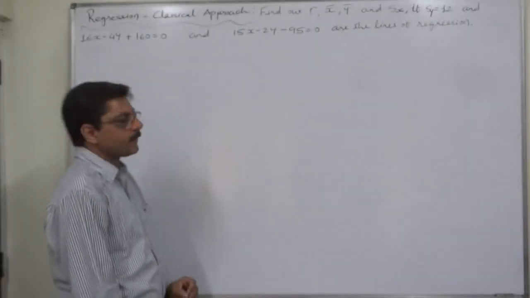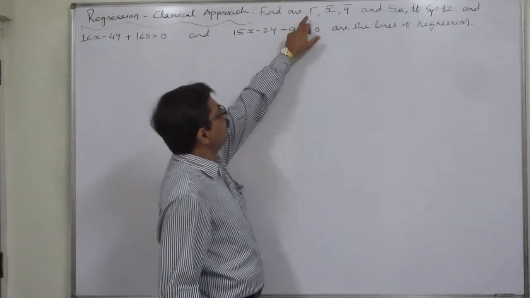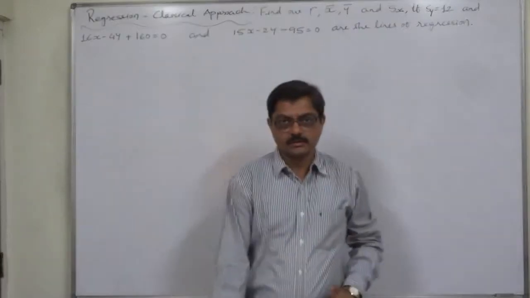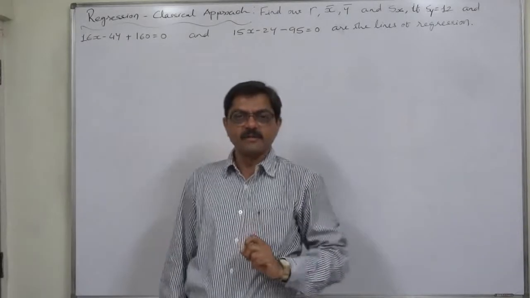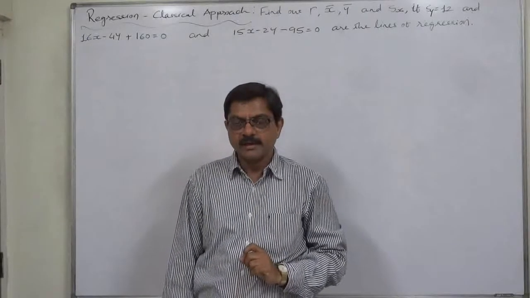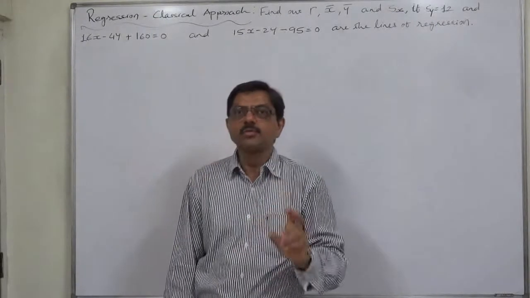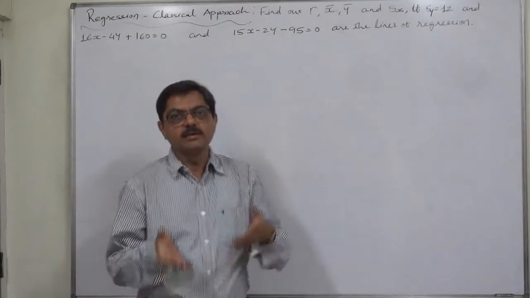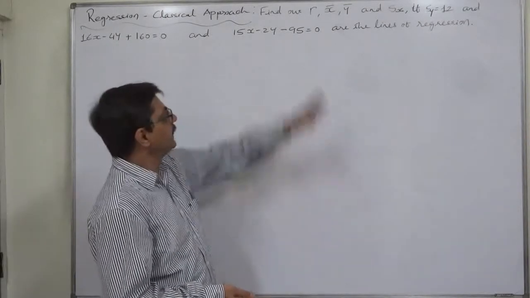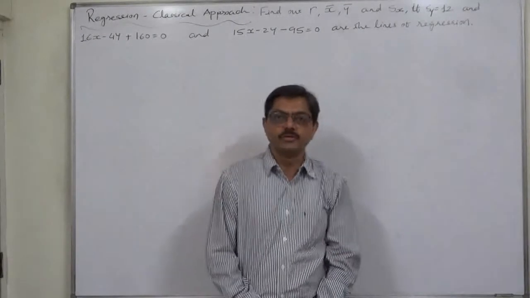Now the first thing, we need to find out the coefficient of correlation. In this kind of question, there is a hidden question, and that is finding the two coefficients of regression. Without finding the two coefficients of regression, we cannot find the coefficient of correlation.